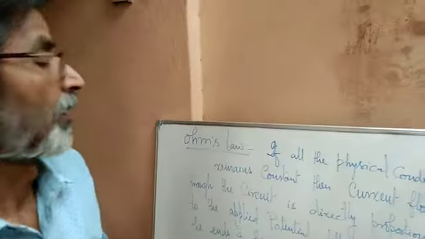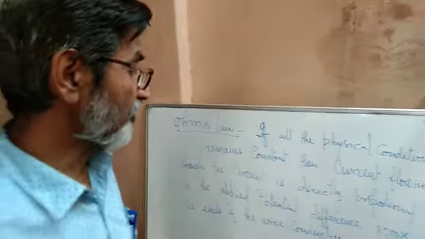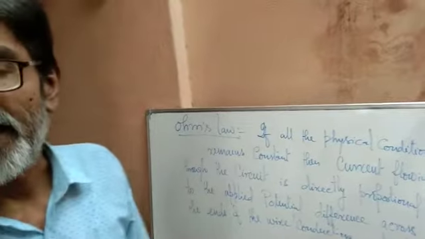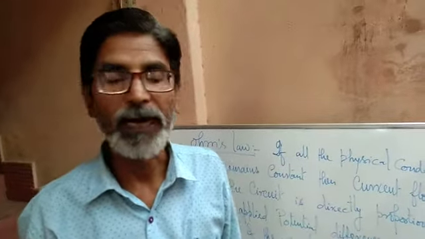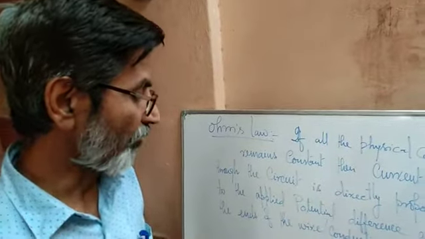This is the statement of Ohm's law. According to Ohm's law, if all the physical conditions remain constant, then current flowing through a circuit is directly proportional to the applied potential difference across the ends of the wire or conducting material.